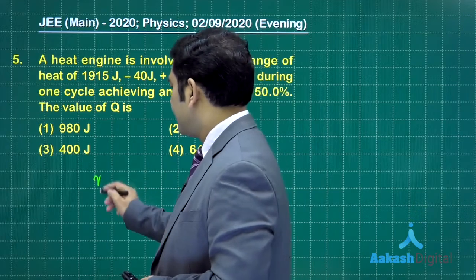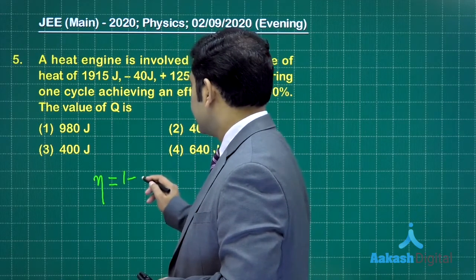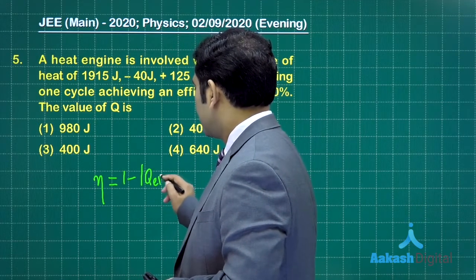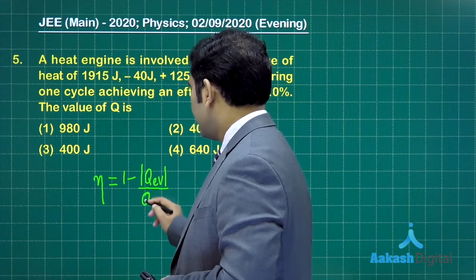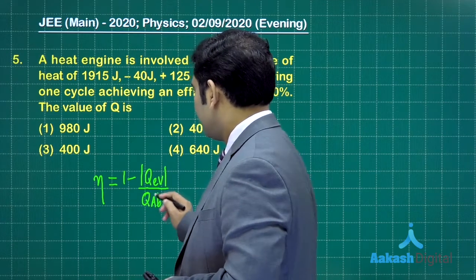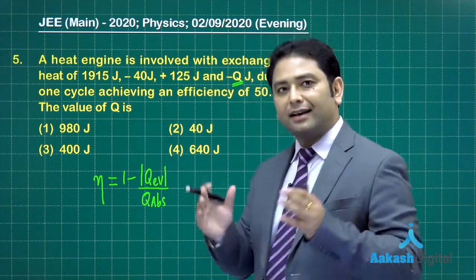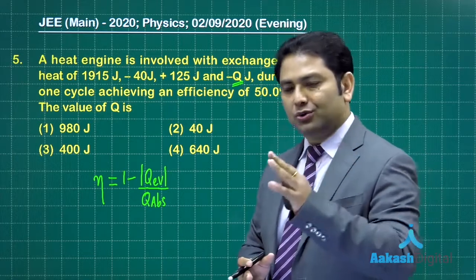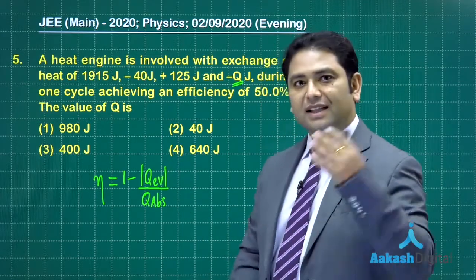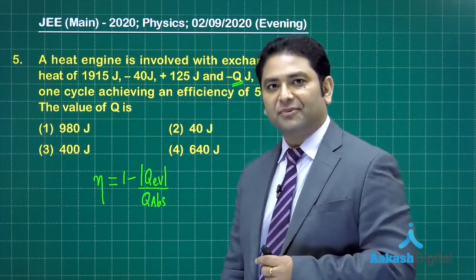This is again a straightforward one. Efficiency is 1 minus the magnitude of Q evolved divided by Q absorbed. Remember, Q evolved is characterized by the negative sign, but we need to put only the magnitude. That comes from the derivation of the formula.